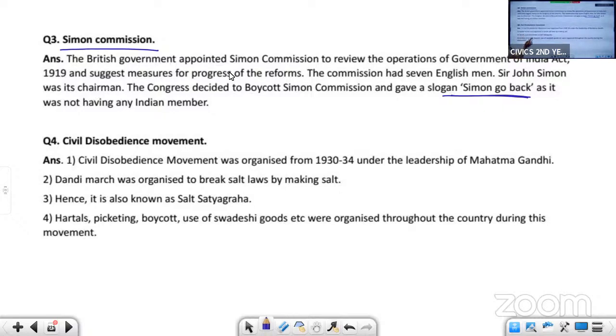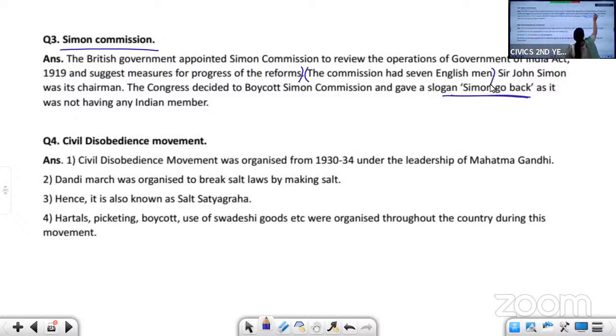You can break the answer into points. British government appointed Simon Commission to review Government of India Act 1919 and suggest measures for the progress of the reforms. First point. Second point, you can start from here: The Simon Commission had 7 Englishmen.